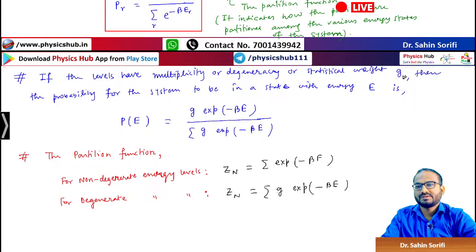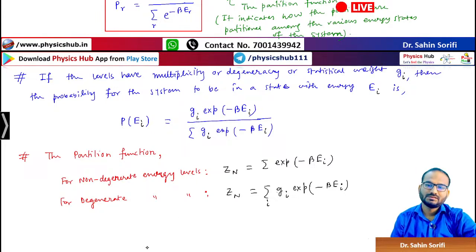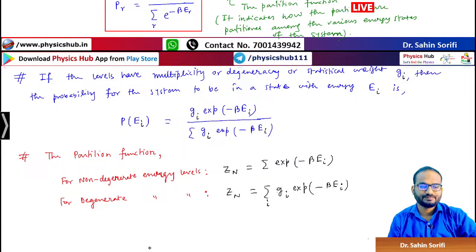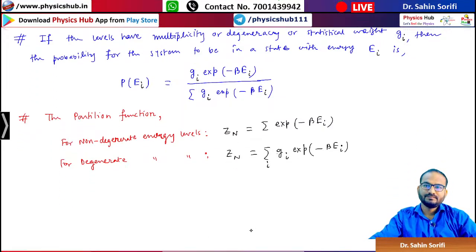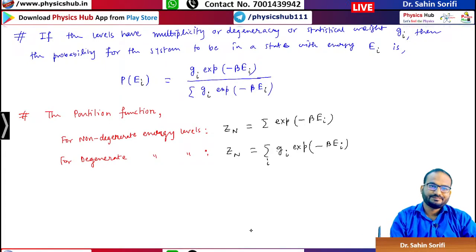So it will become GI, EI, and the sum over I. Anything is left? Is it clear or not?